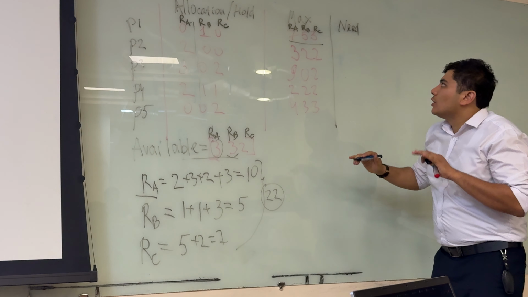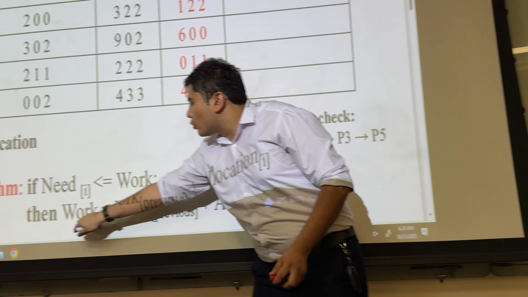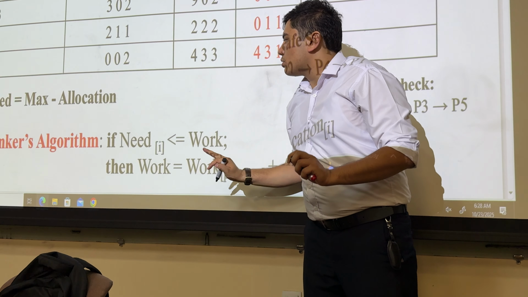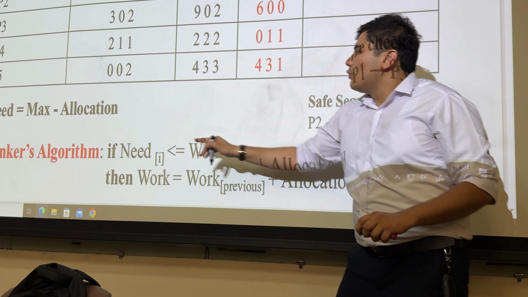If this is true, then we are going to update the work. If this is false, just ignore it. Again, we are going to check for the second process, P2. What is the need of the second process? 1, 2, 2.